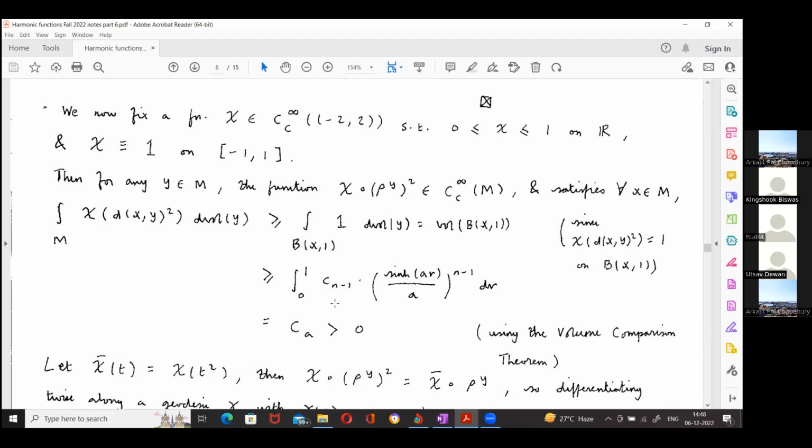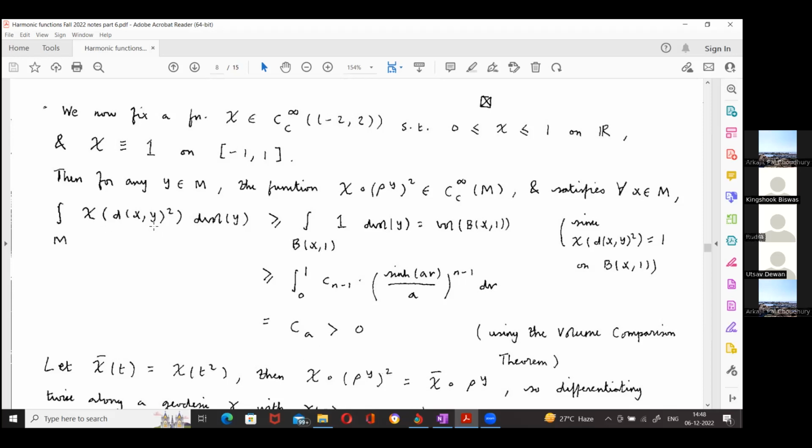And the volume of spheres is bounded below by some constant C_{n-1}, the volume of the unit sphere in R^n, into (sinh(ar)/a) to the power n minus 1 dr. This integral is some positive constant which only depends on a.